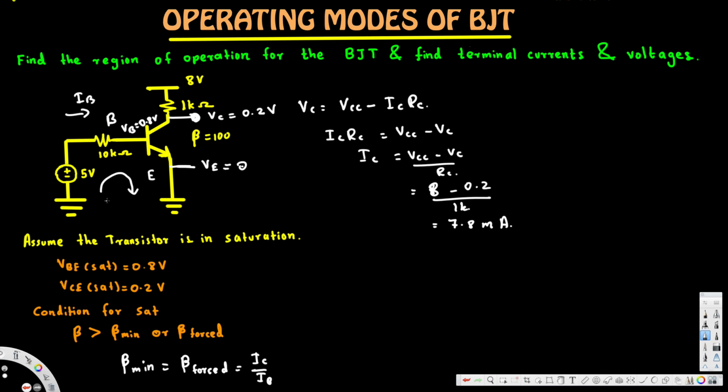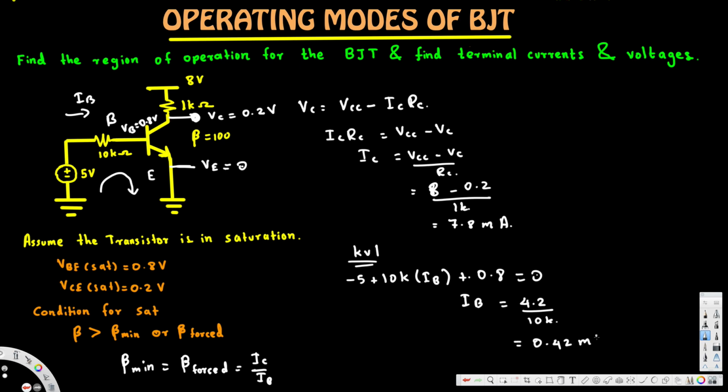If we apply KVL here, this is going to be minus 5 plus 10K times IB plus 0.8 equals 0. 0.8 minus 5 gives us negative 4.2. If I move this to the other side, that's going to be positive 4.2. So 10K times IB is 4.2. Since we have 10K, we just divide by 10K, and that gives us 0.42 milliamperes.